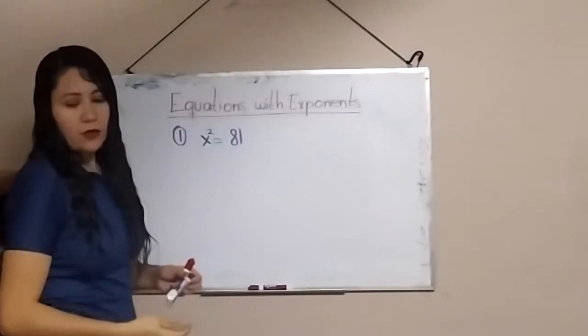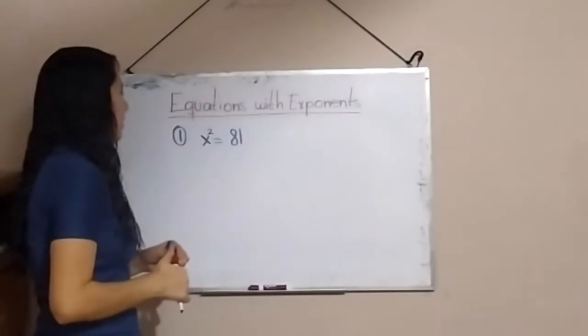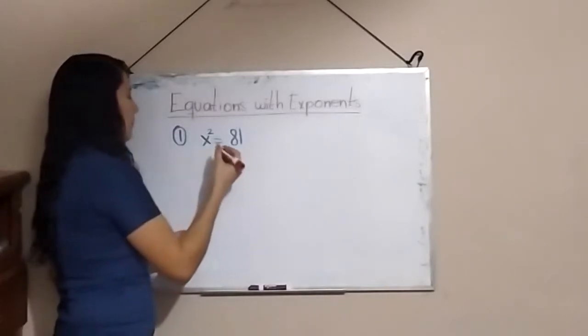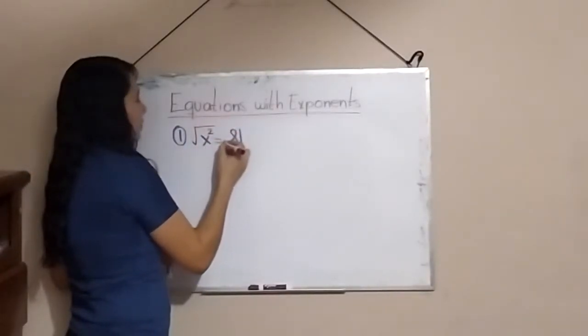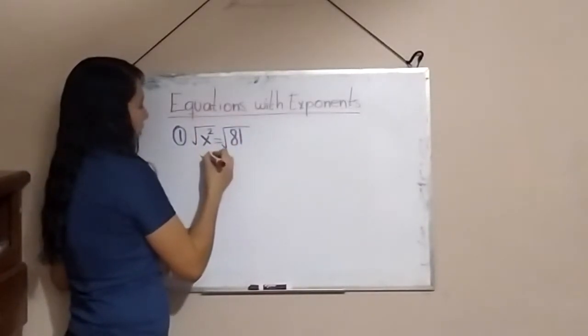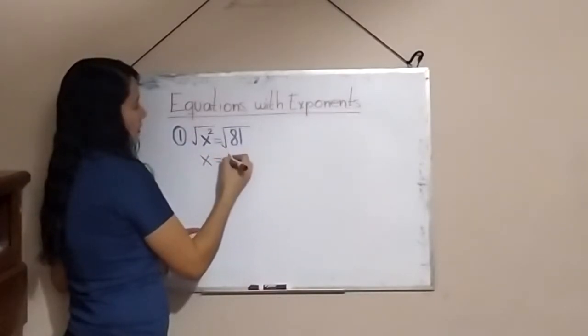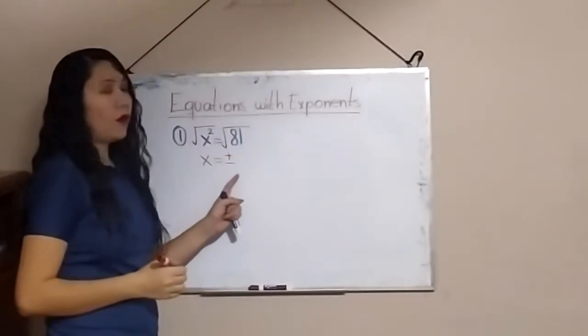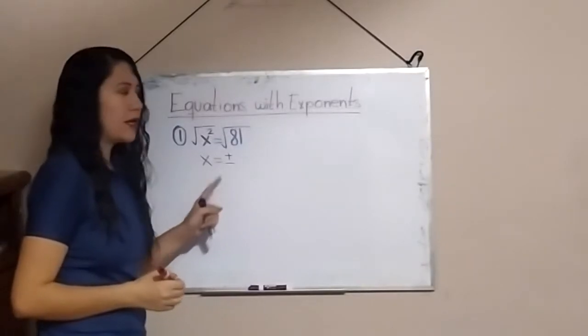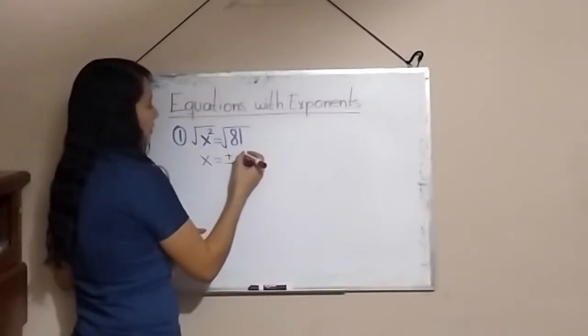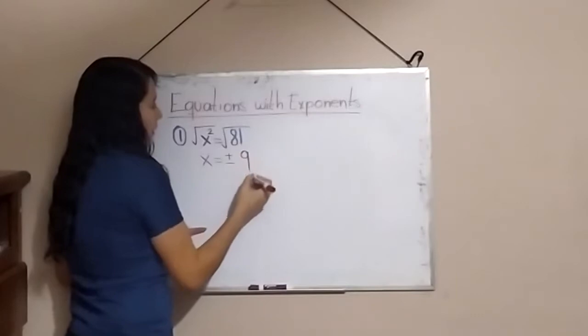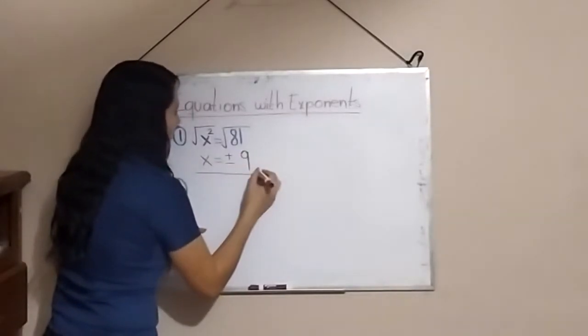To solve it, we are going to do the same we did with our example. We add a square root on both sides. We get x equals plus minus. This always goes, the plus and minus, it's always included in an answer. And the square root of 81 is 9.